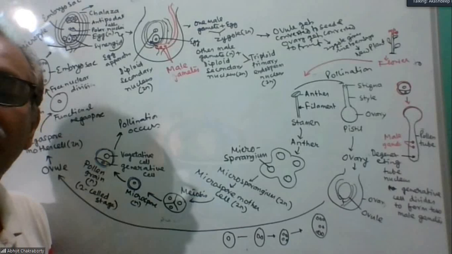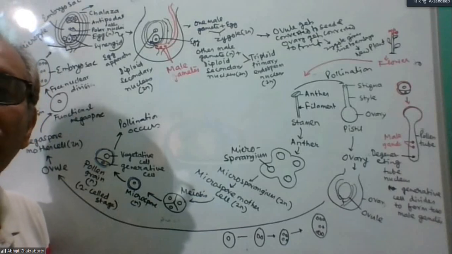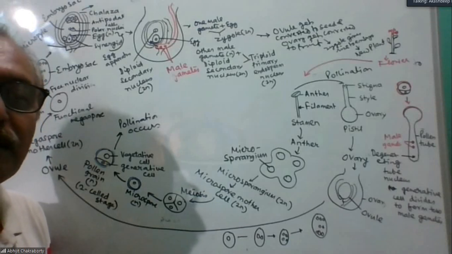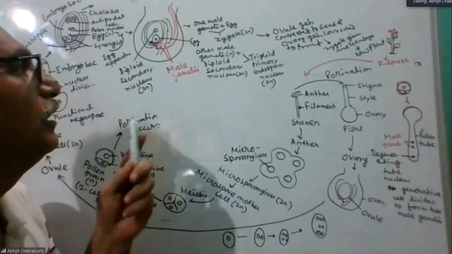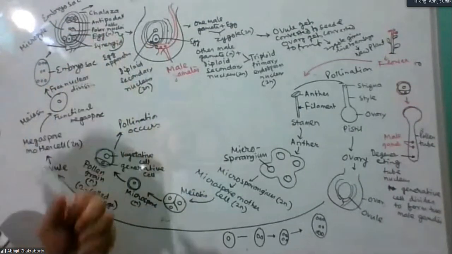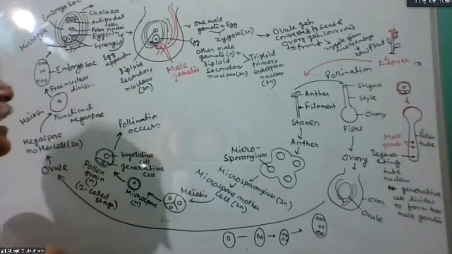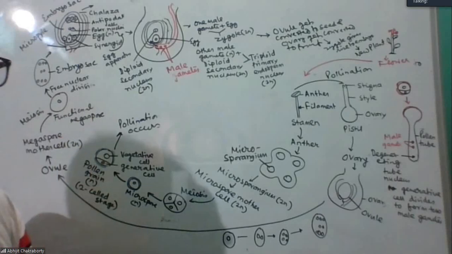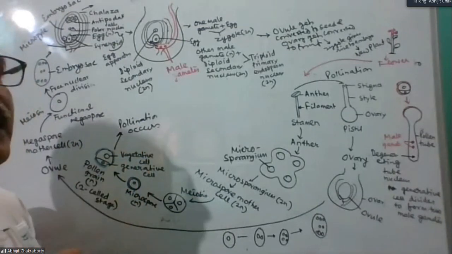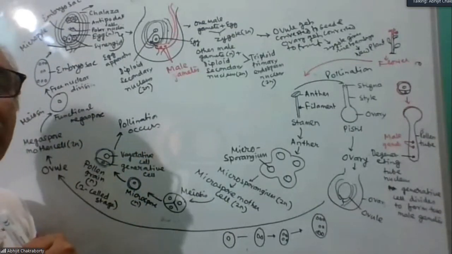How is the triploid primary endosperm nucleus formed? You know that the two polar nuclei present in the middle of the embryo sac eventually fuse to form the secondary diploid nucleus. One male gamete fertilizes the egg to form the zygote.